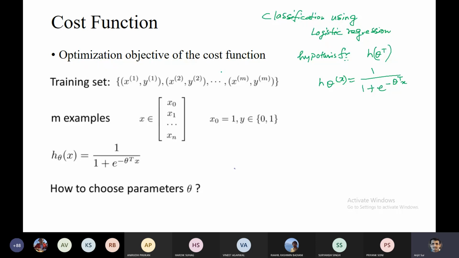Our training set is a paired training set, (x1, y1) up to (xm, ym), so m training examples. Now the question is how to choose this parameter theta.